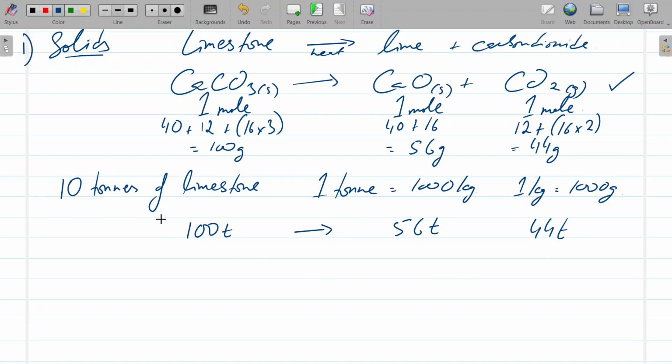Now we just need 10, which is 1/10 of 100. So we divide all of that by 10, and what we get is 10 tons of calcium carbonate or limestone will give us 5.6 tons of calcium oxide and 4.4 tons of carbon dioxide gas will be produced.